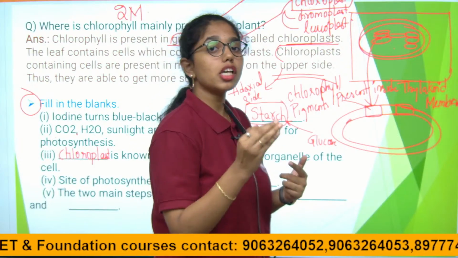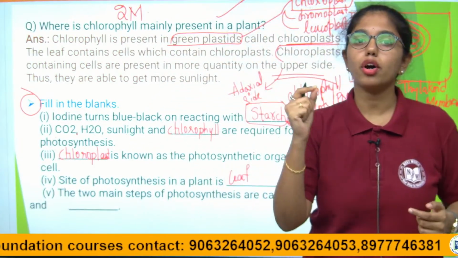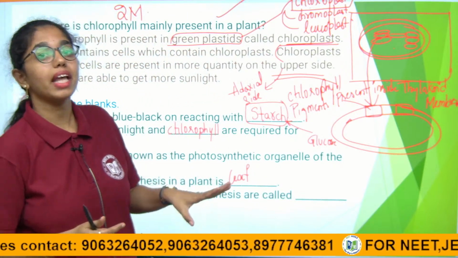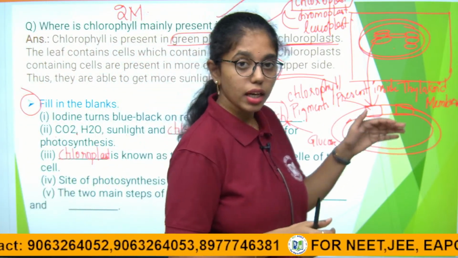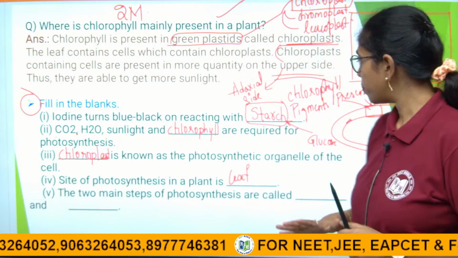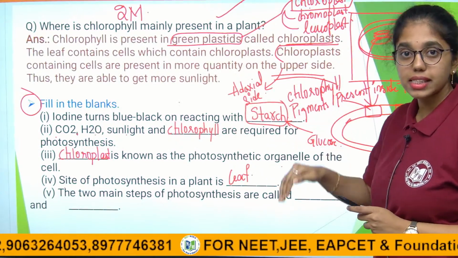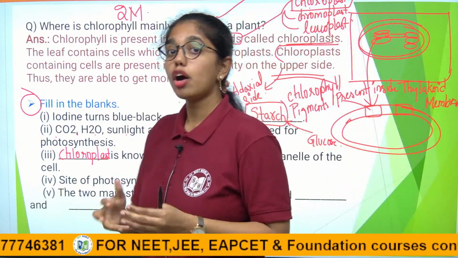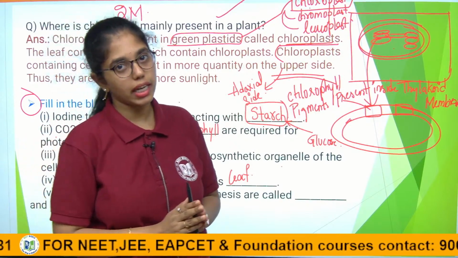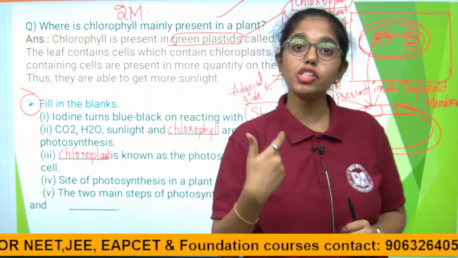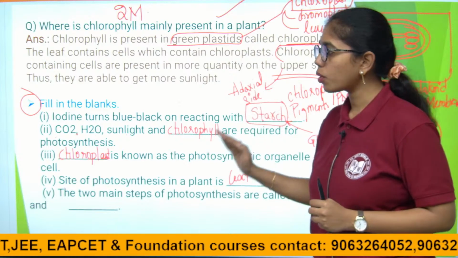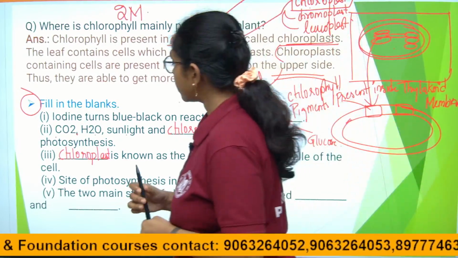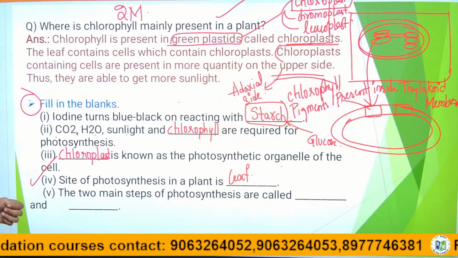Or if they are asking what is the site of light reaction inside the chloroplast, your answer should be the thylakoid membrane. What is the site of light independent reactions inside the chloroplast? Your answer should be stroma. All the sites and locations of the reactions should be clear in your mind. Then only you can answer such type of questions.